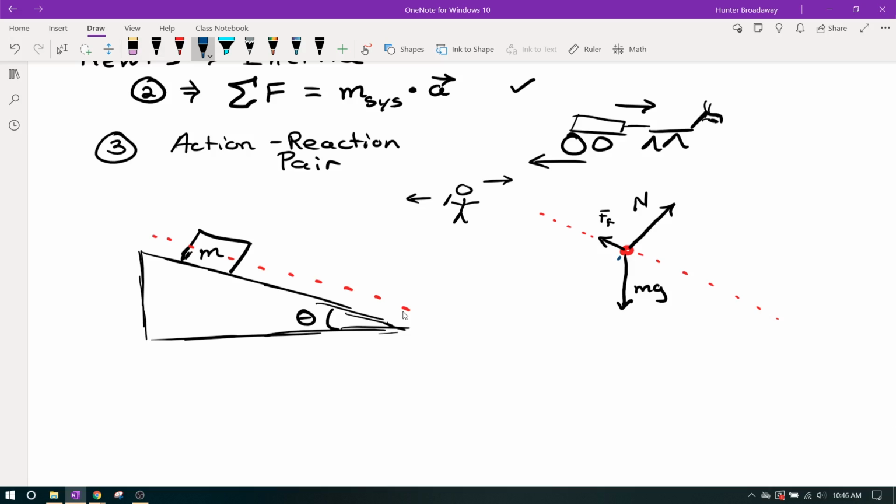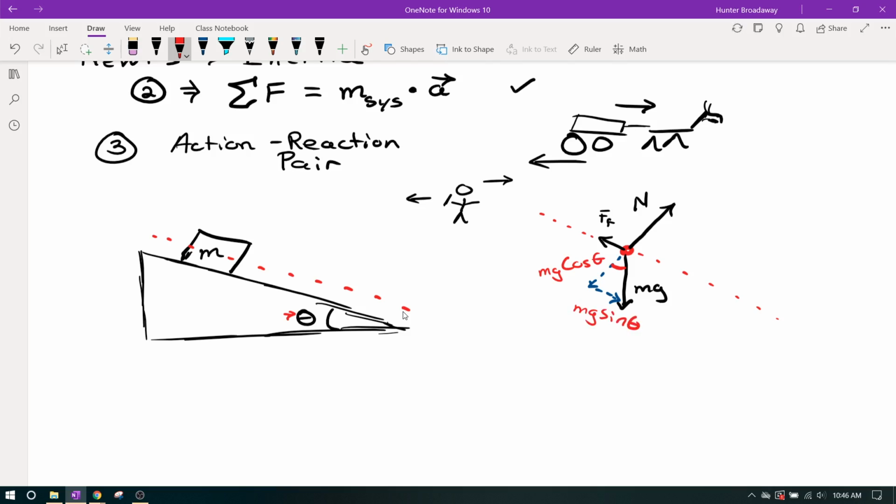So we have to break it down into its components and make it legit. For the normal force direction, this is going to be mg. Where's our theta here? Theta's down here, so for our right triangle, that makes this mg cosine theta, and this one going down the ramp is mg sine theta.